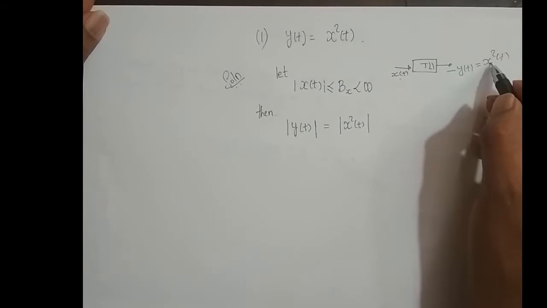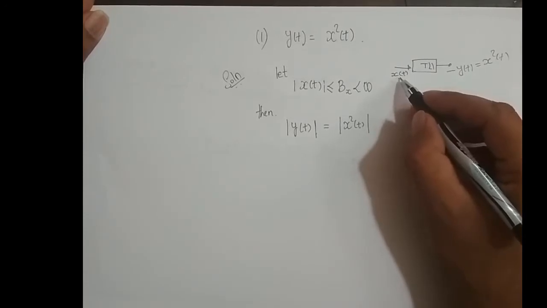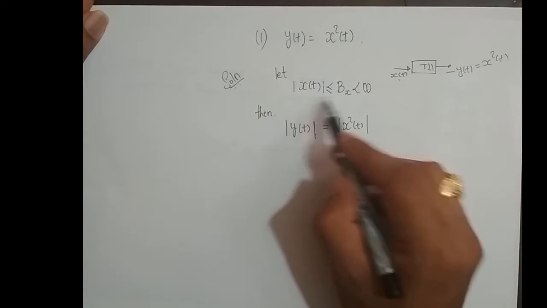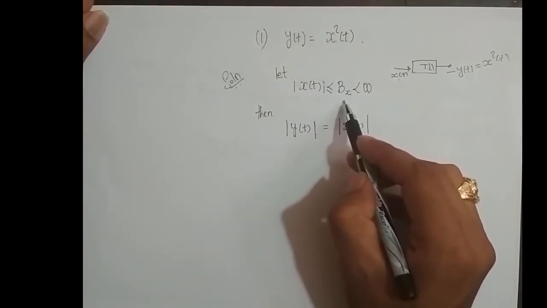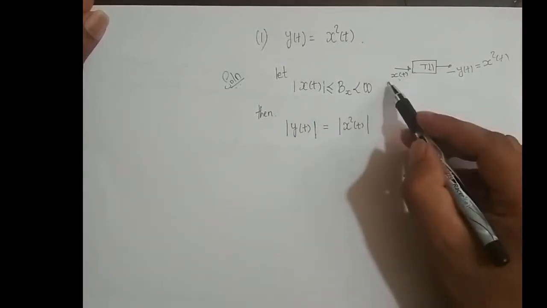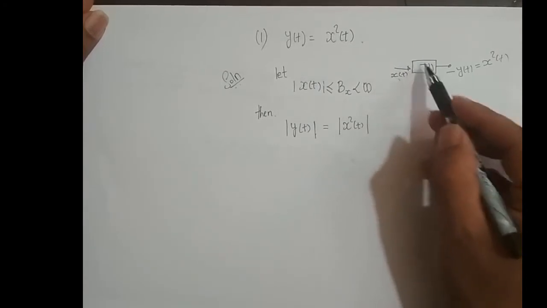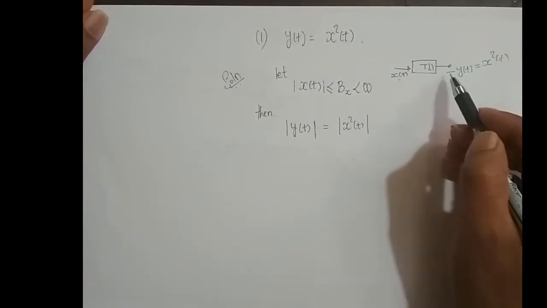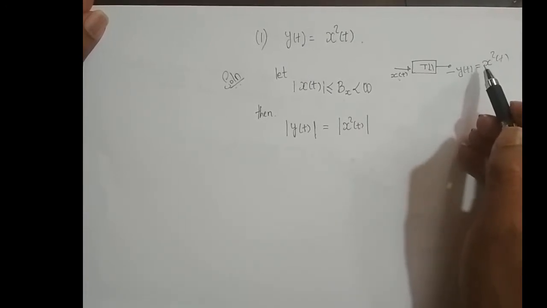If I give 100, 100 square, which is bounded. If I give 1000, 1000 square, which is also bounded. But I cannot give infinity to the input. Why? Because I am assuming that it is bounded. The input signal which I am feeding to the system is always finite. So for every bounded amplitude I give to the system, the output is also bounded. It is squaring that amplitude, right?